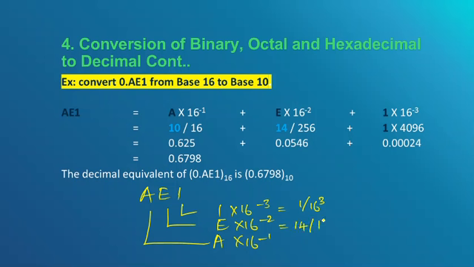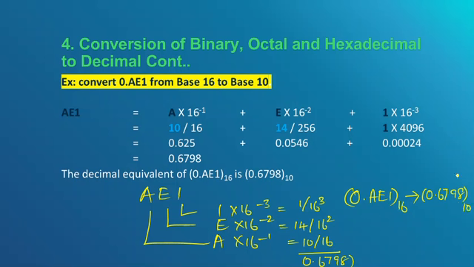So 14 by 16 power 2, and A is 10. So 10 by 16. So the answer will be 0.6798. So 0.AE1 of base 16 is converted into a decimal value of 0.6798 of base 10.